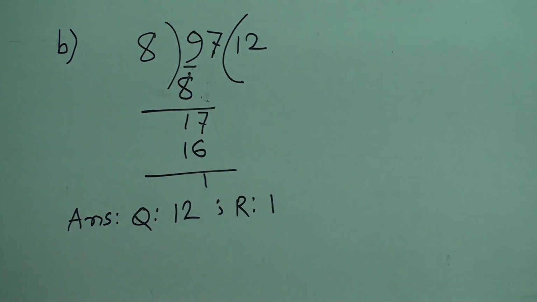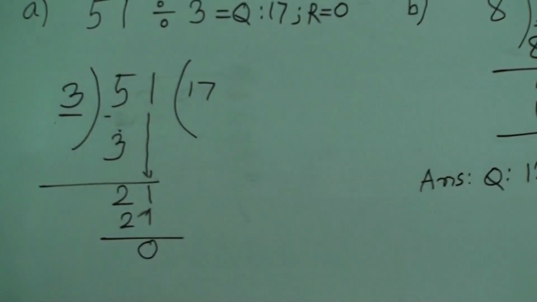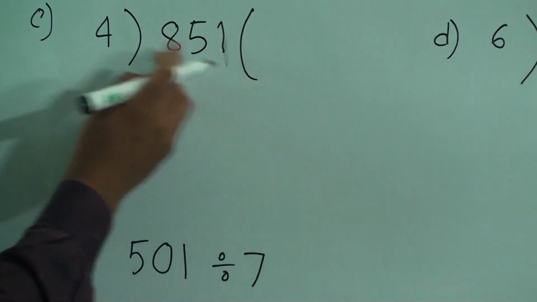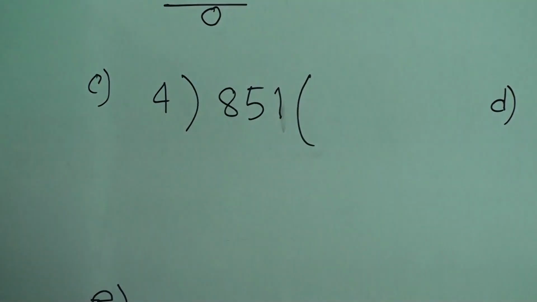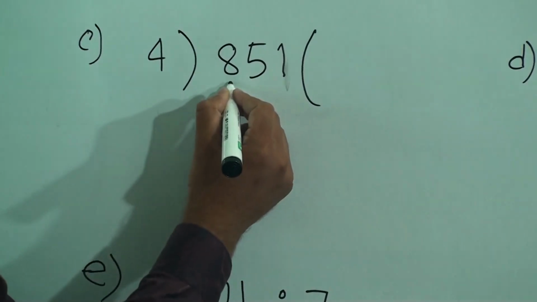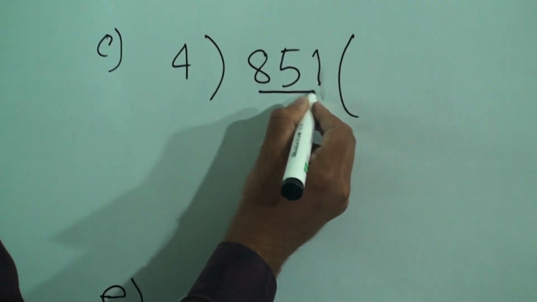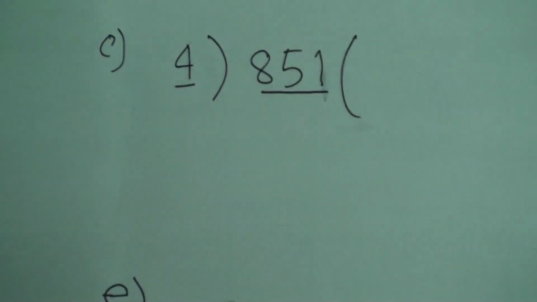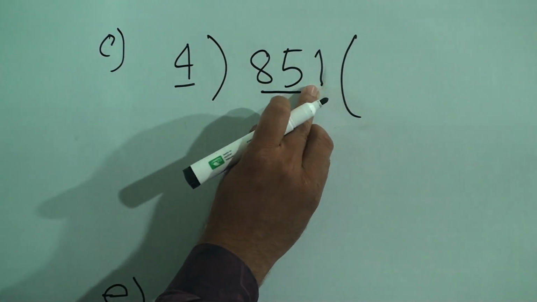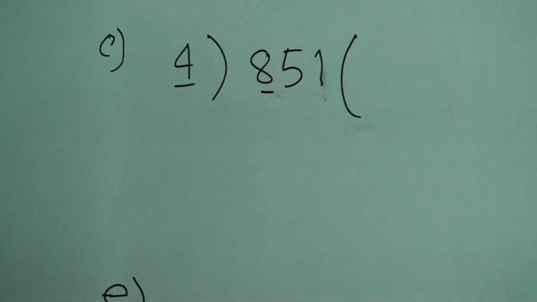Now go to the next question. Here 851 and 4. 851 is the dividend and 4 is the divisor. Look my dear students, here 851 is a 3-digit dividend and the divisor is a single digit. Now first of all, similarly you have to choose the first digit, which is 8.